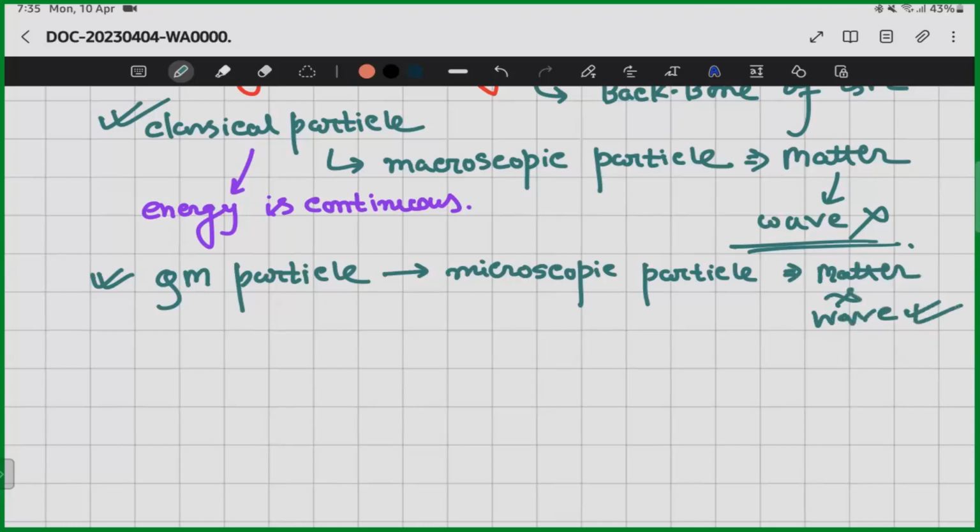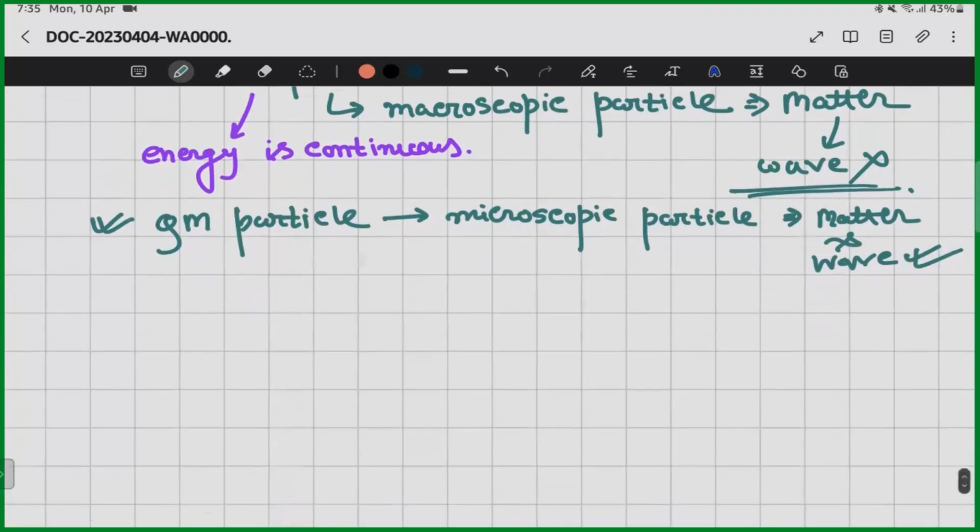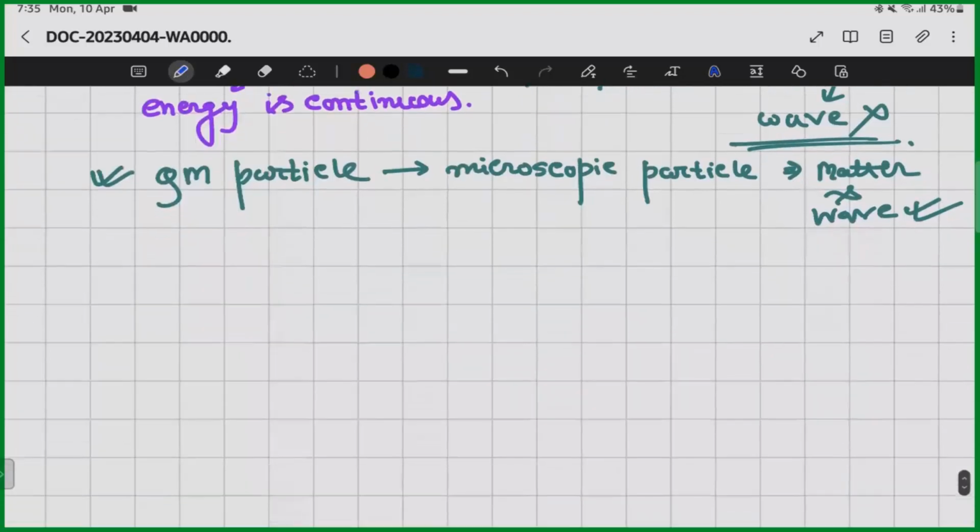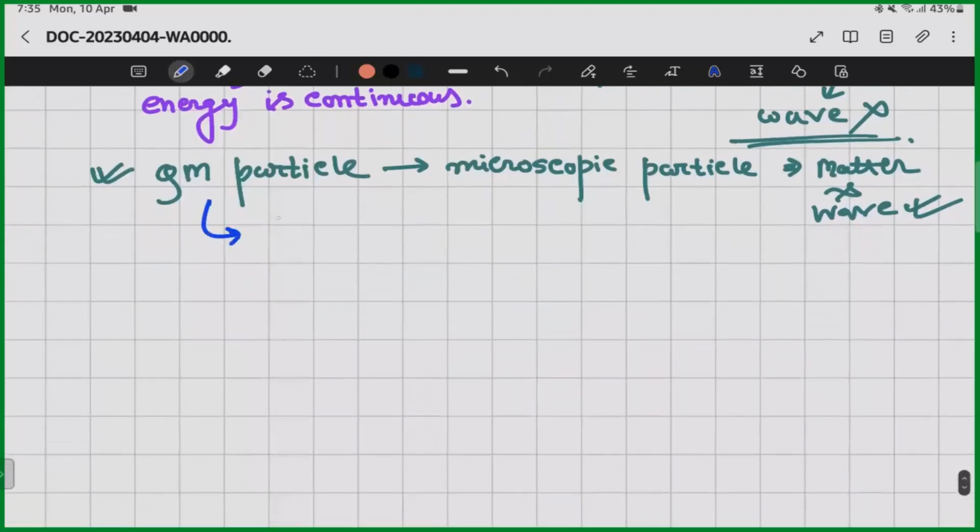Let's say for an electron or a proton, this type of particle has eminent wave nature. So these are matter as well as wave. What happens due to this property? Energy is quantized. An electron can't have any value of energy. We'll study that in future; for the electron, the energy is totally quantized.